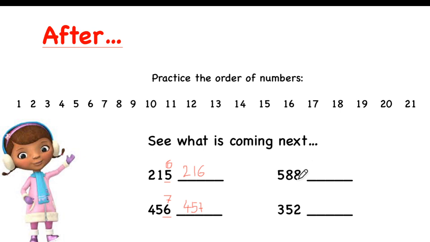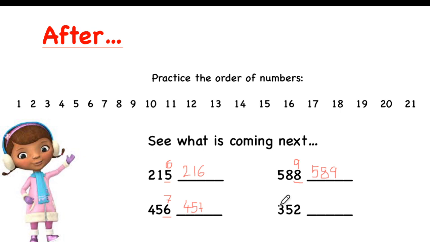588. Once again, if you want to find a number that is after, look at the ones digit and add plus 1. 8 plus 1 equals 9. So what is the number after this number? 588 and then 589, because 9 is after 8.